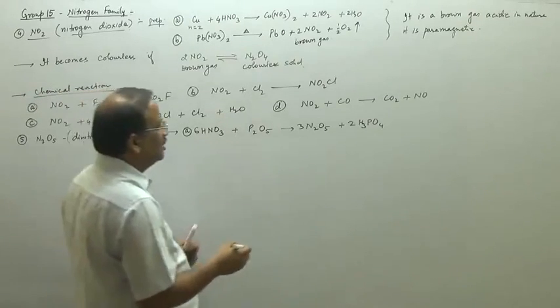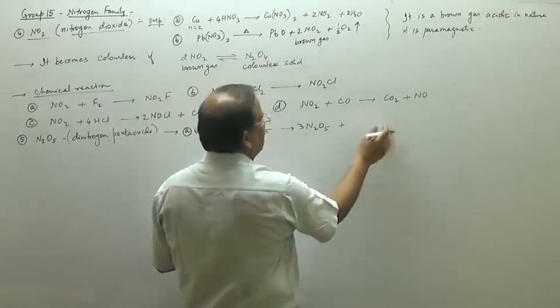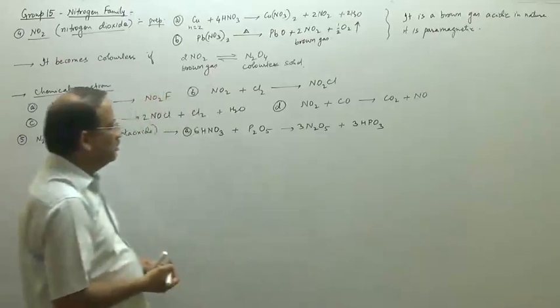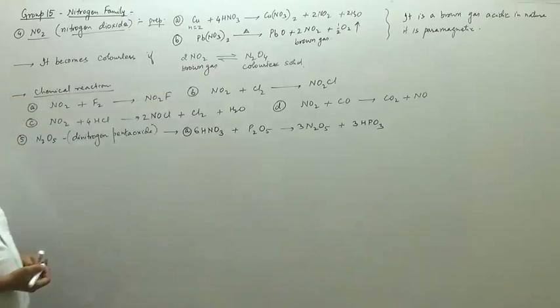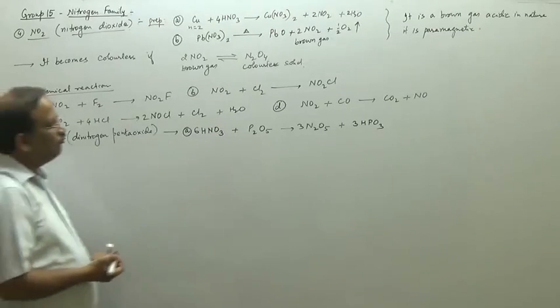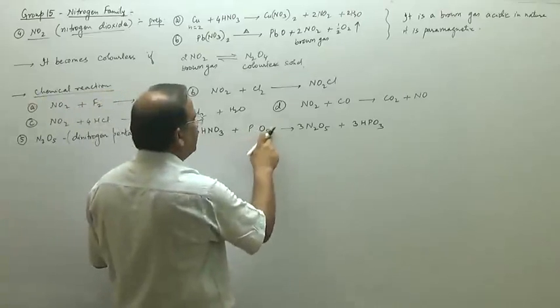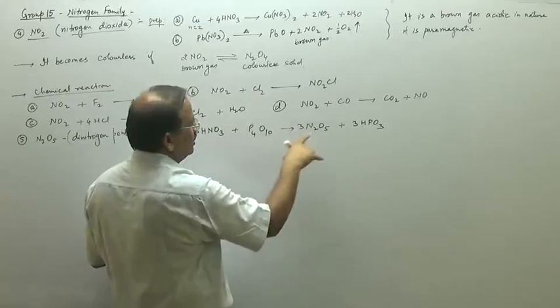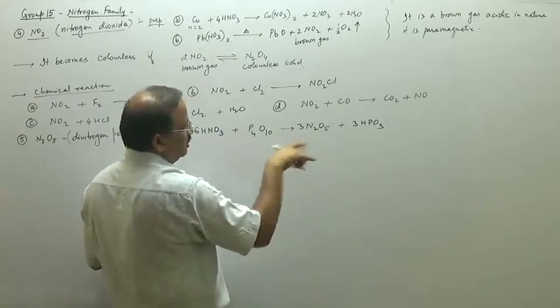You can write directly that thrice HPO3 is formed. You can write like this also. So we get P2O5, or you can take P4O10, and that is how we can balance the reaction. So I'll get thrice H3PO4.